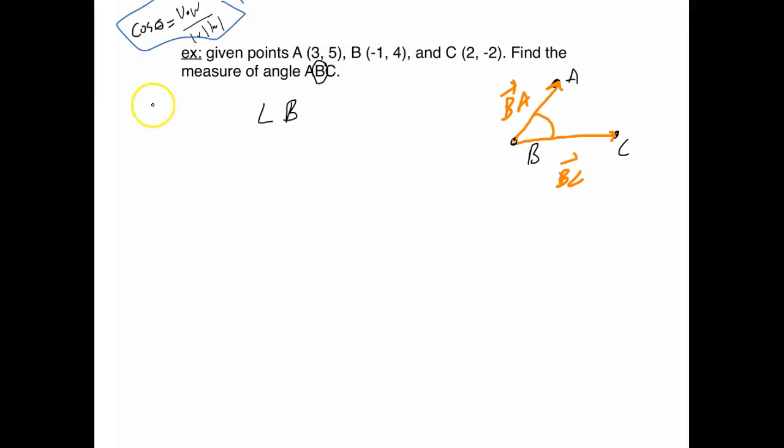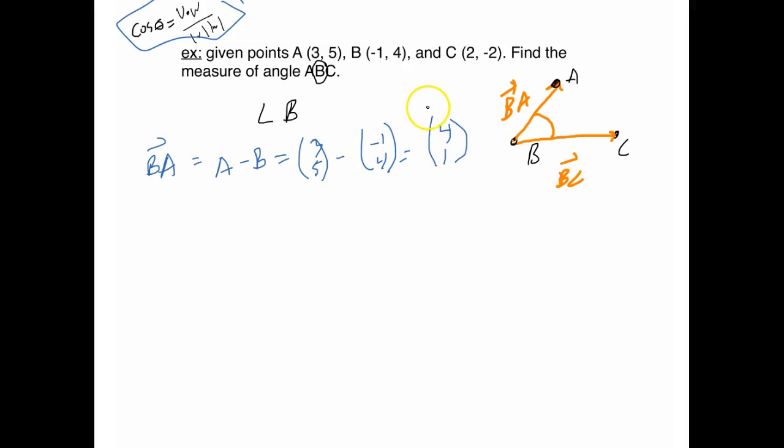So let's recap what we did last video. Right, if you want to find BA, that's tip minus tail, so you're going to do A minus B, right? So that's what you do. You always do the tip minus the tail. So in this case, that would be (3, 5) minus (-1, 4), which gives us double negative, so 4 and 1. That's the vector BA.